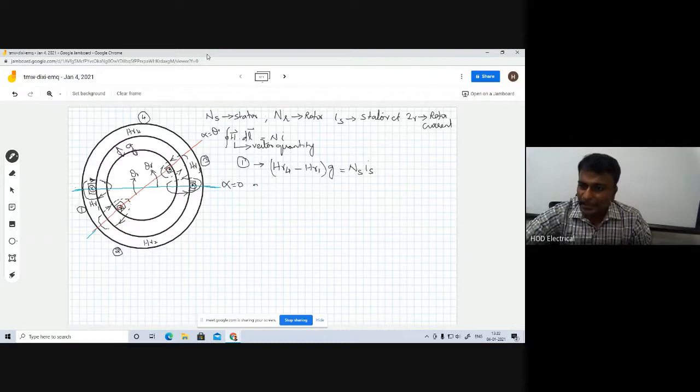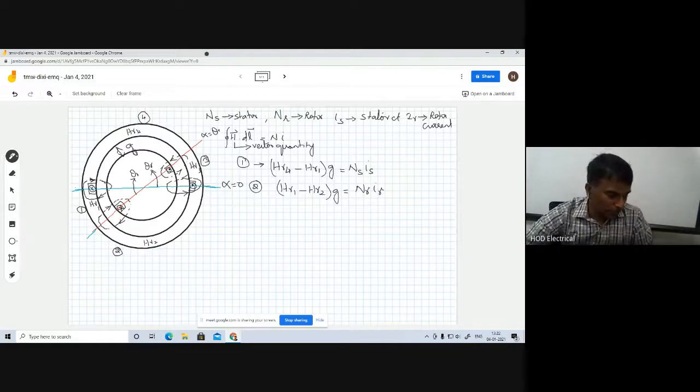Then similarly in the second one, in this line, this direction is positive, this direction is negative. So here HR1 is positive, HR2 is negative. So we can write the line integral of HR1 minus HR2 equal to number of turns. Here it is excited by the rotor. Therefore, we can write the number of turns in the rotor times the current flowing through the rotor.